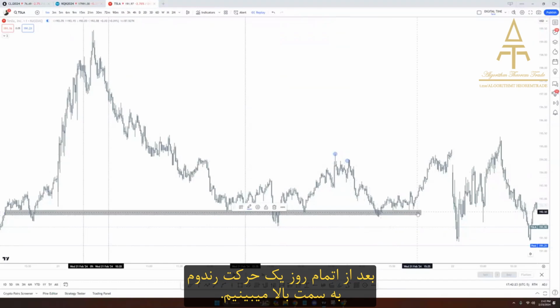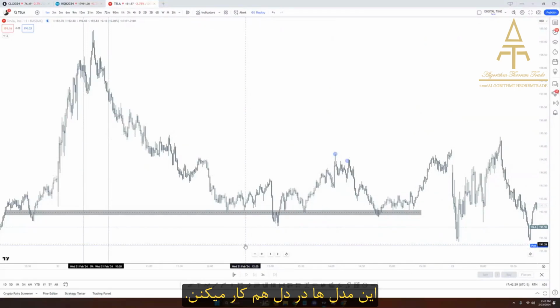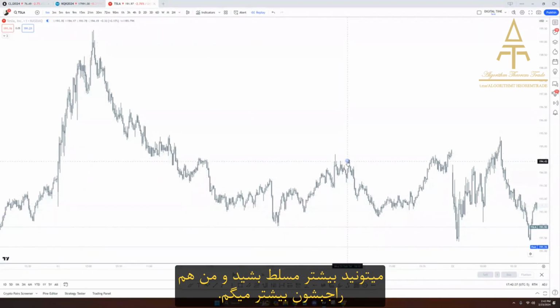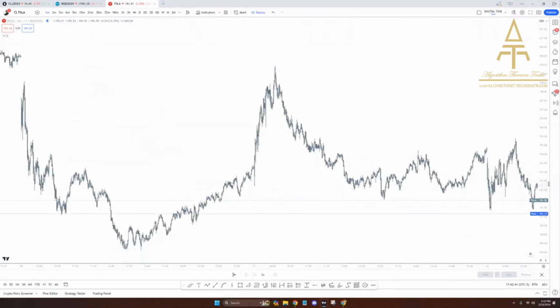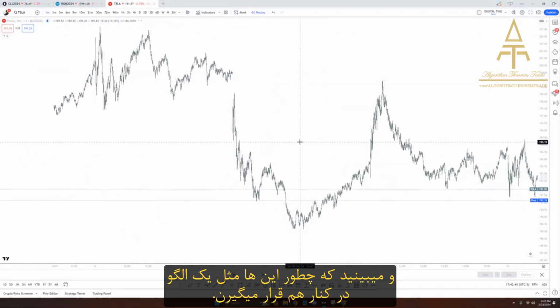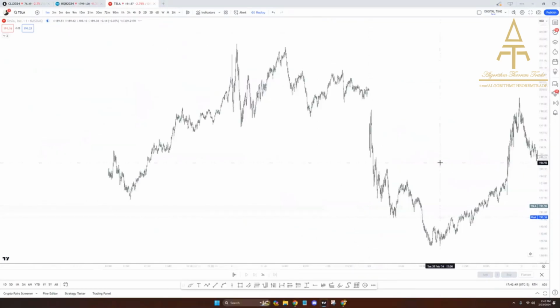What happens? End of day, you see a random push up. So these models, they intertwine with each other. And once you begin to master them, and we'll talk about it more and more later on throughout the videos, you can see how they intertwine with each other and how there's a pattern of these time models, right?